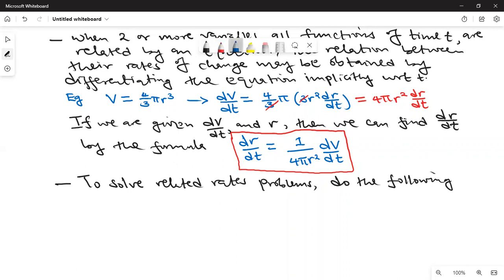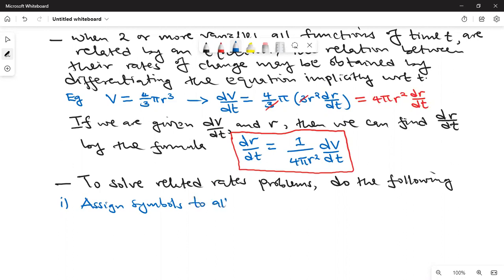The first thing you need to do, number one, is to assign symbols to all quantities given and their respective rates of change.